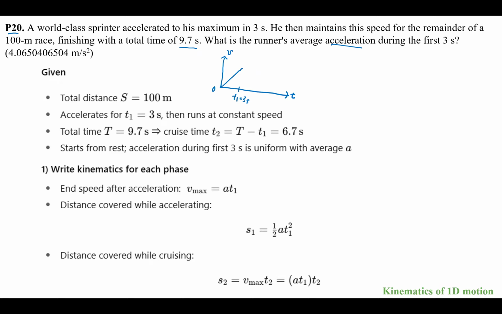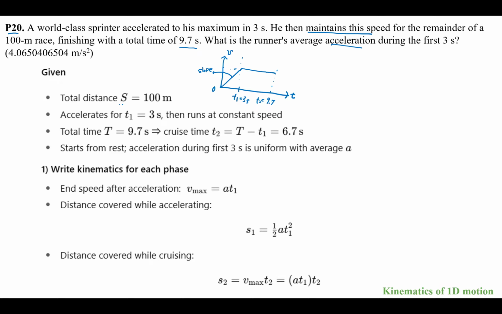And then after that, it maintains this speed for the remainder of a 100-meter race, finishing with 9.7 seconds, T2. So this is the thing we need to think about. And then the question is, what is the acceleration, which is the slope for this case.